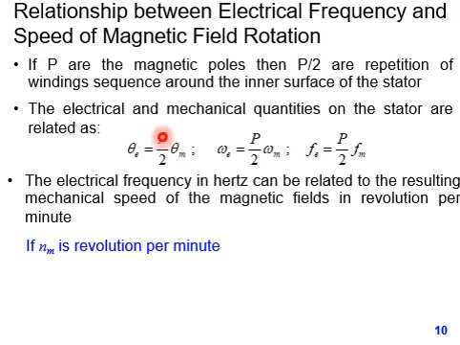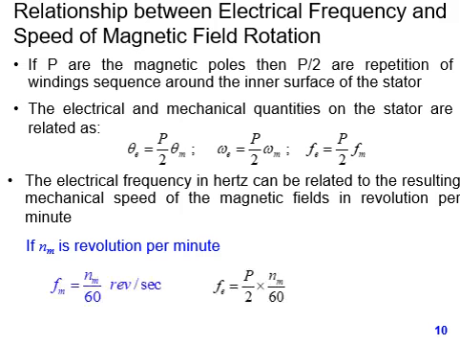Suppose the poles are 4. Then 4 over 2 is 2, and theta E is equal to 2 theta m. So for any number of poles P, the relationship between electrical and mechanical quantities on the stator can be calculated. The electrical frequency in hertz can be related to the resulting mechanical speed of the magnetic fields in revolutions per minute.